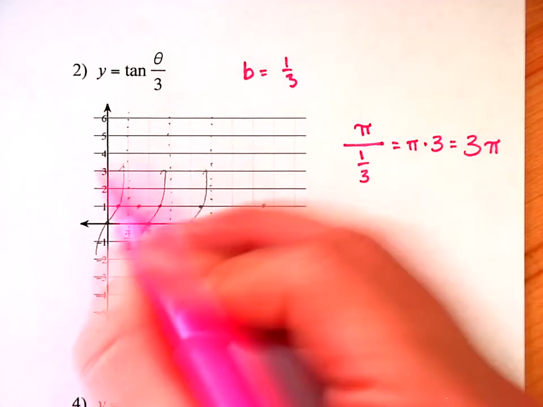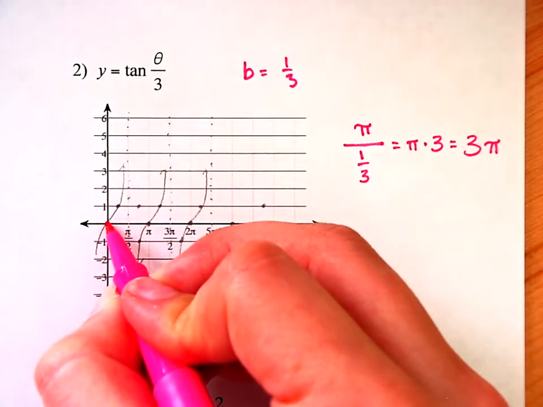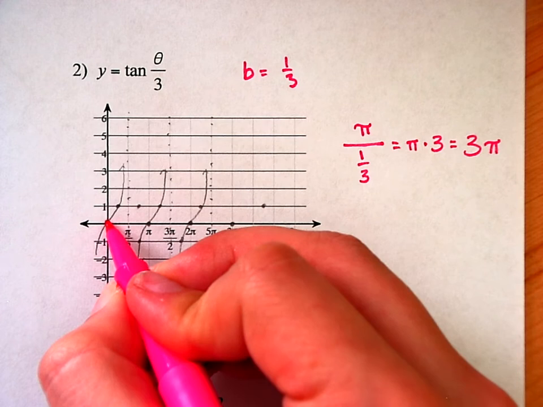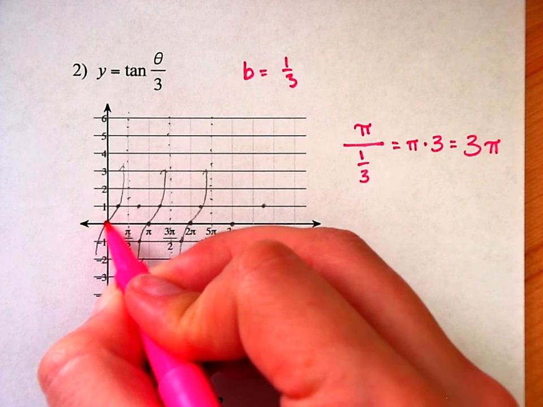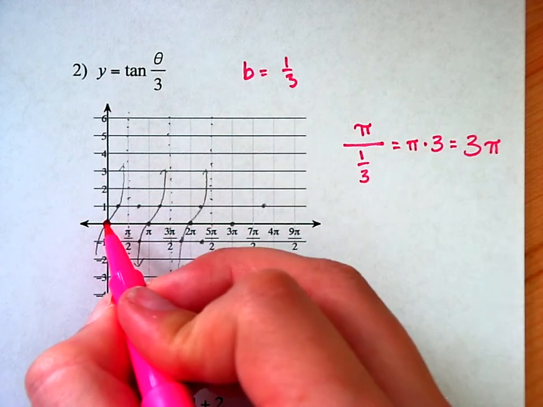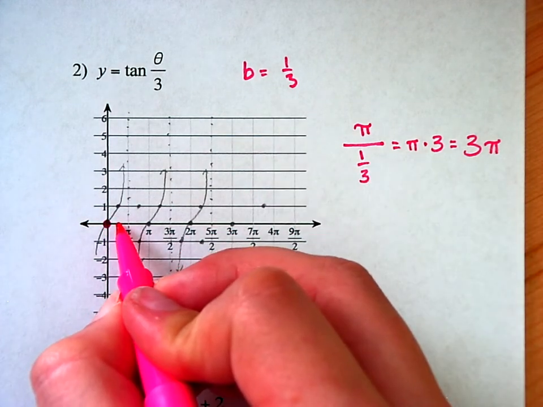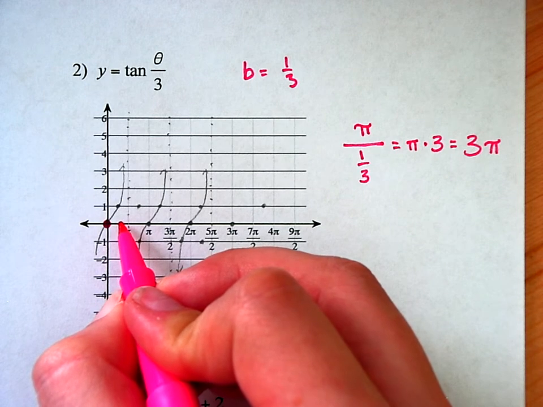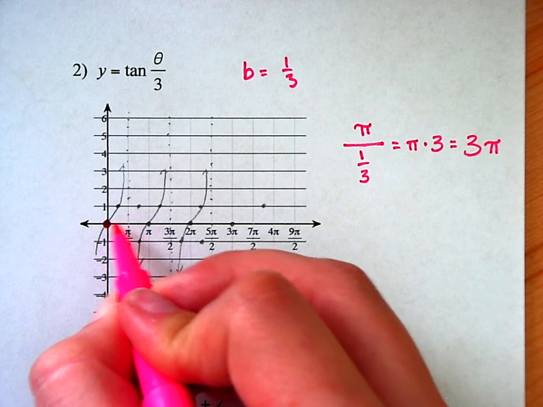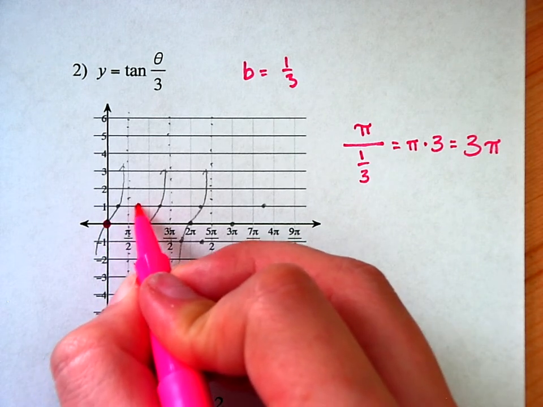Okay, so again, we have our x value of 0, that remains. And now, instead of going pi over 4, I'm going to multiply that by 3. So we're going to go over 3 pi over 4 and up 1.